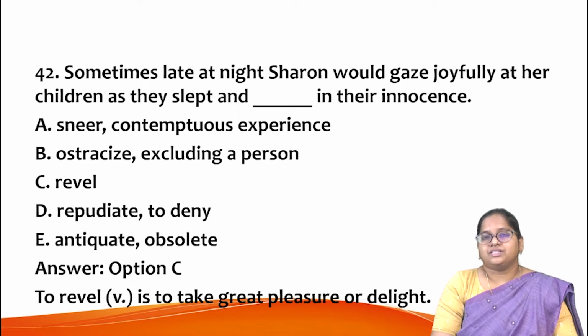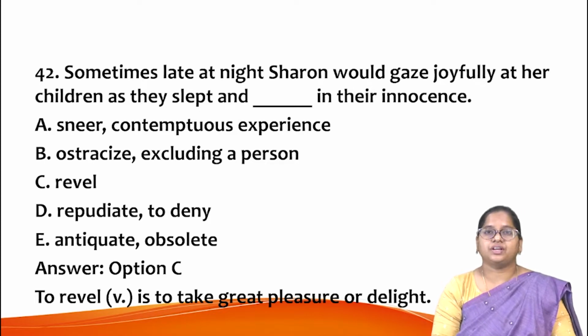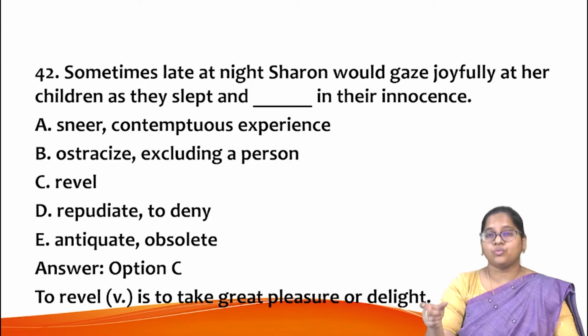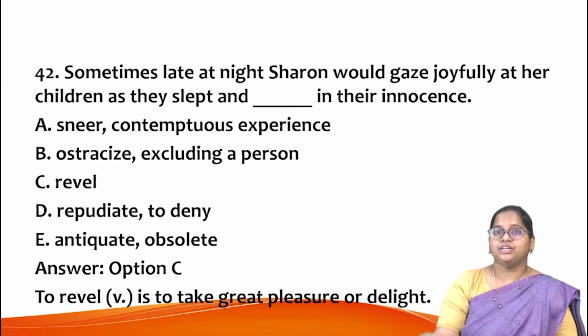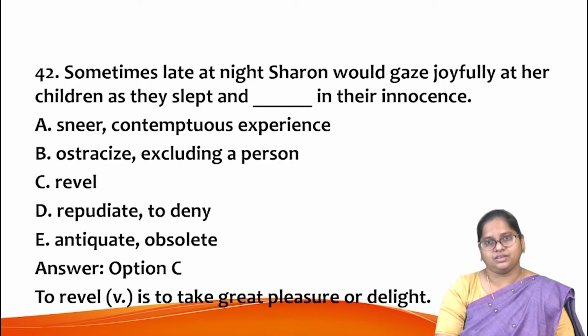Now, sometimes late at night, Sharon would gaze joyfully at her children as they slept and blank in their innocence. Delighted, take pleasure. So what is the right word? Revel. Revel is the right word, because it shows its full meaning in the sentence.